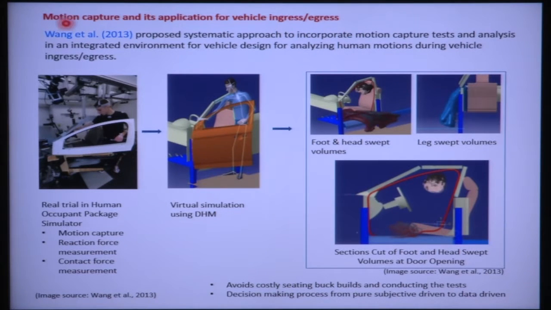They demonstrated that a motion capture system can effectively be used for vehicle ingress egress analysis. They proposed a systematic approach to incorporate motion capture test and analysis in an integrated environment for vehicle design, for analyzing human motions during the vehicle ingress egress process.